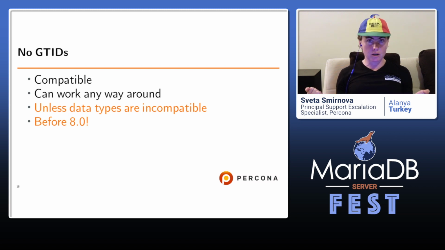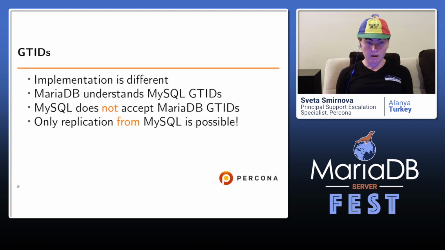Version 8.0 adds additional complications, especially character sets, and we will discuss character sets later. It could be not trivial to create replication between 8.0 and MariaDB. For GTID, both products support GTIDs, but the implementation is different.